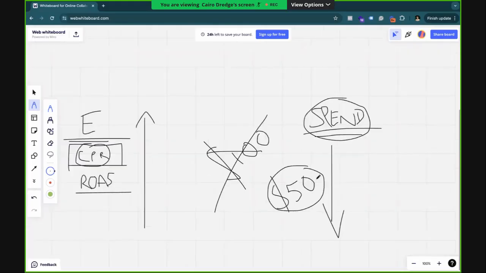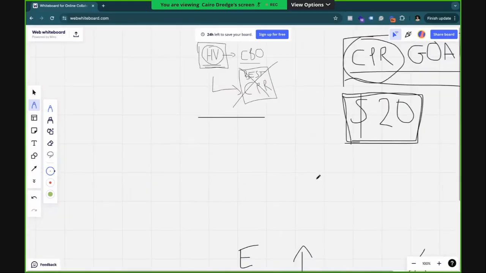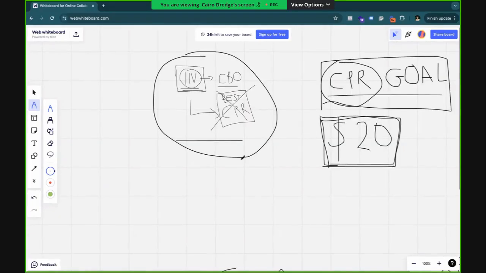Now, it is important to recognize that when we're talking about efficiency, highest volume is important to recognize, because it might be getting more purchases at maybe the break even or just slightly below the break even, and that might be good for your business because you have serious lifetime value that you can add to that.